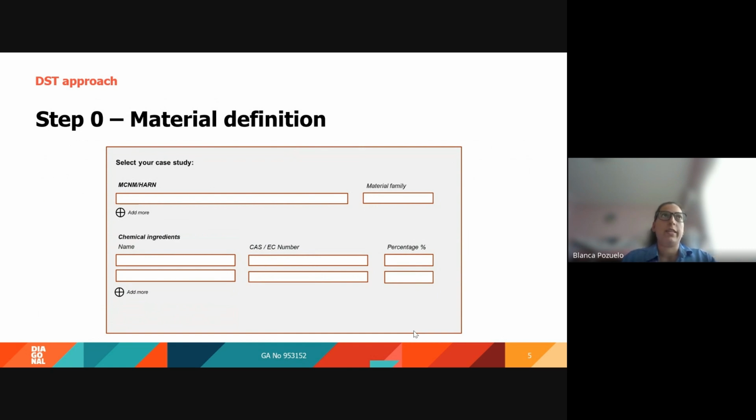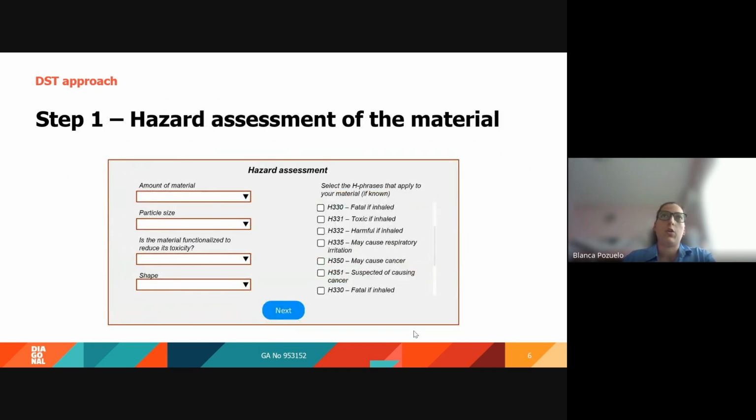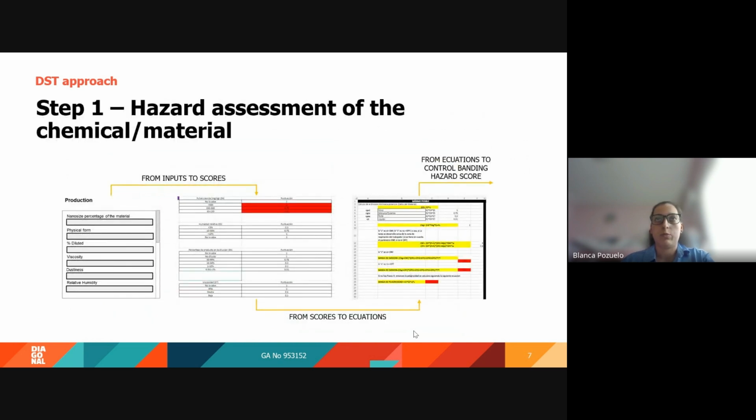We have an initial screen where some information about the material should be provided. Then we go to evaluate step 1, about the hazard of the material. Here we also provide some information about the material. In this step, a control banding tool works behind.